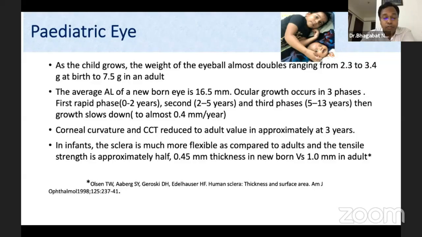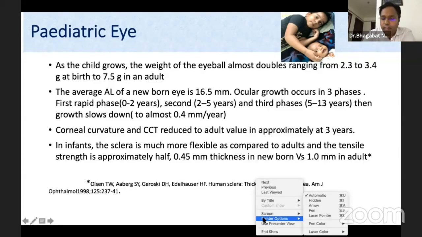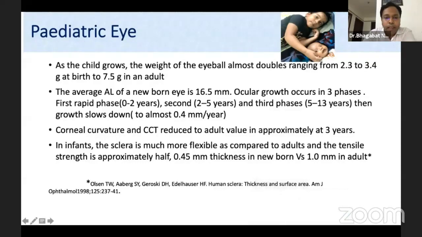Corneal curvature, you should know that the corneal curvature is not the same 43, 44 diopter in children. It is rather in a higher range, like 47, 48 diopter, and it comes to the adult value at approximately 3 years. In the infant, the sclera is much more flexible as compared to adults, and the strength is approximately half.